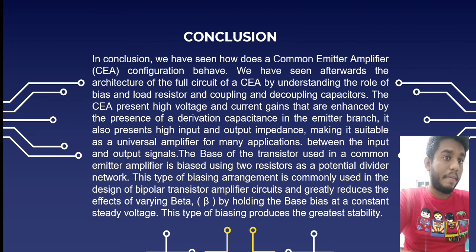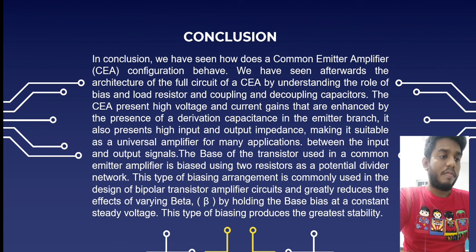The common emitter amplifier presents high voltage and current gains that are enhanced by the presence of a derivation capacitance in the emitter branch. It also presents high input and output impedance, making it suitable as a universal amplifier for many applications. Between the input and output signal, the base of the transistor used in a common emitter amplifier is biased using two resistors as a potential divider network.